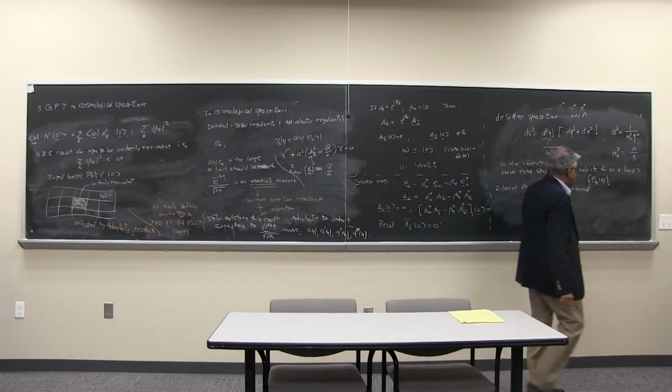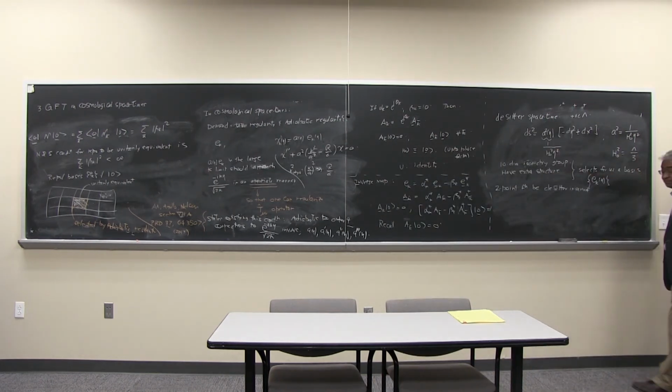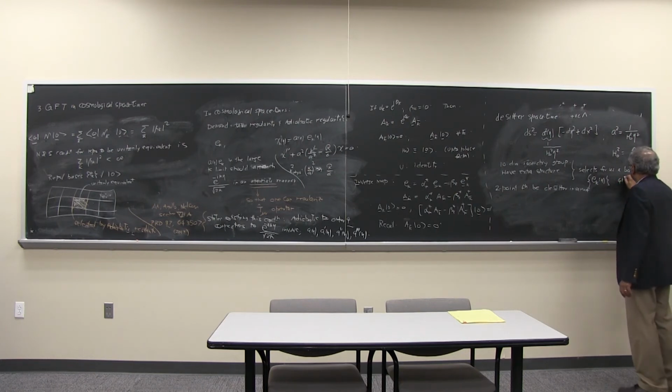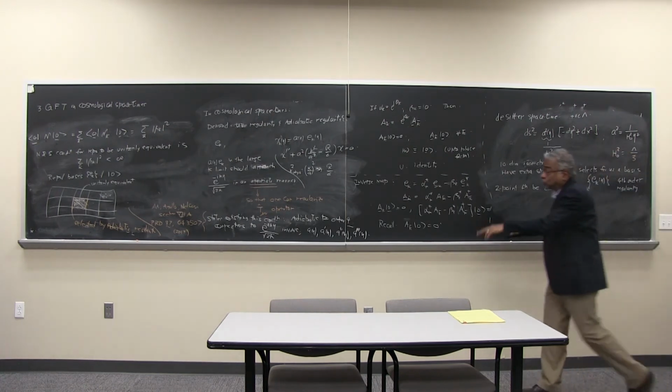So if you ask that the 2-point function be de Sitter invariant, then you are going to select a particular one. This is again fourth order regularity. So we ask for the fourth order regularity.